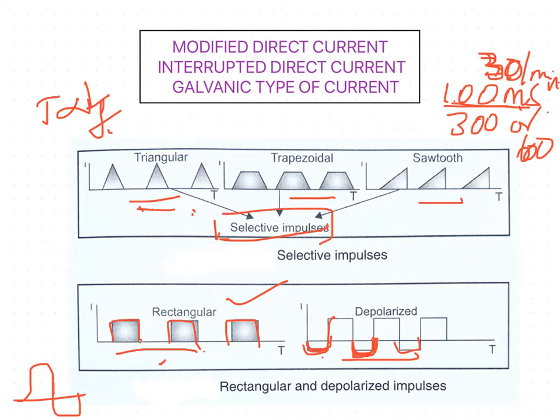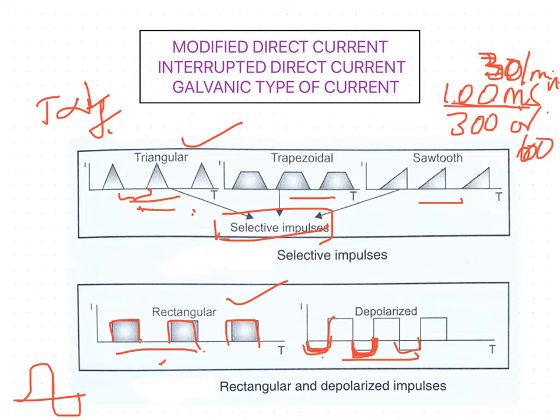To stimulate muscle fiber, not the nerve, keep it in mind, a triangular pulse with a rise time of 50 milliseconds and 100 milliseconds pulse length is useful.